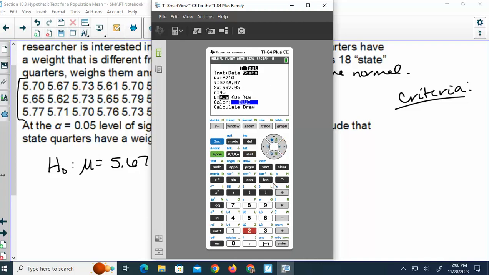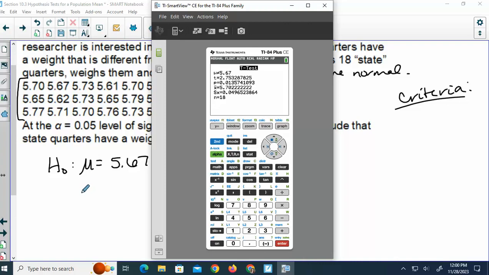T-test, number 2. Am I basing it off data or stats? Okay, the mean of the null, 5.67. The list is L1, frequency is 1, we're testing not equal to. So we calculate.